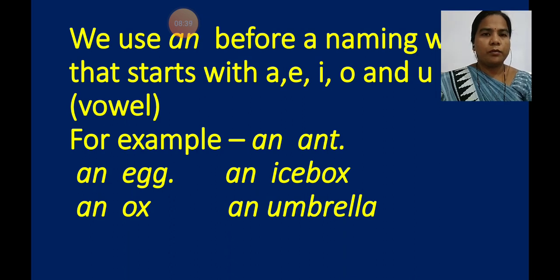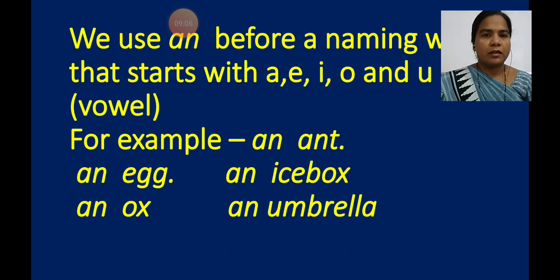Children, we have to use this a or an before the words. Next one, an ice box. I is a vowel sound. Ice box has started with which letter? Vowel sound I. So we have to use an.